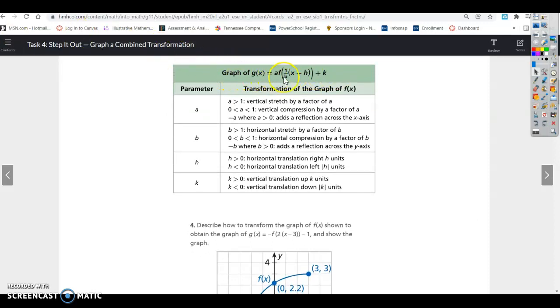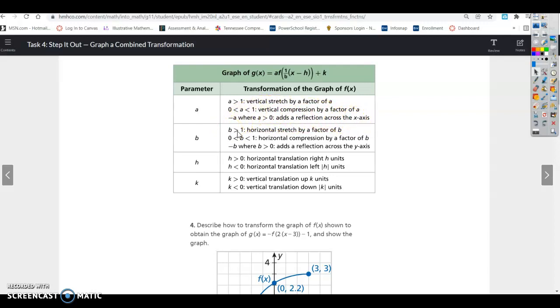This is your general formula here, and it shows you that if A is in front of f, if A is positive, it's a vertical stretch. If A is between 0 and 1, it's a vertical compression. If A is negative, it's a reflection across the x-axis.